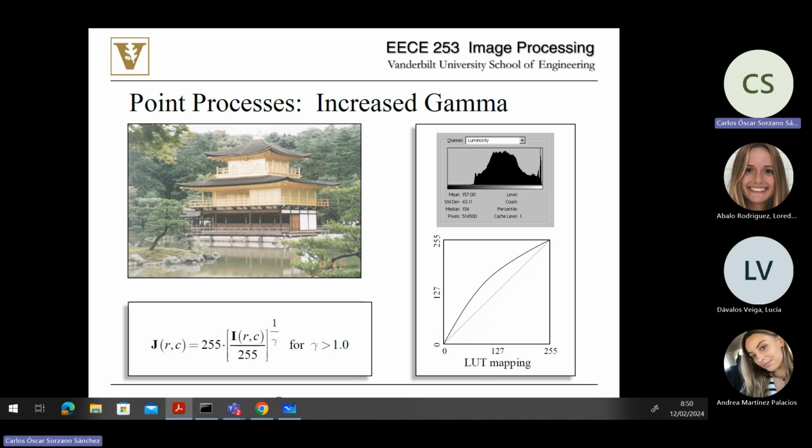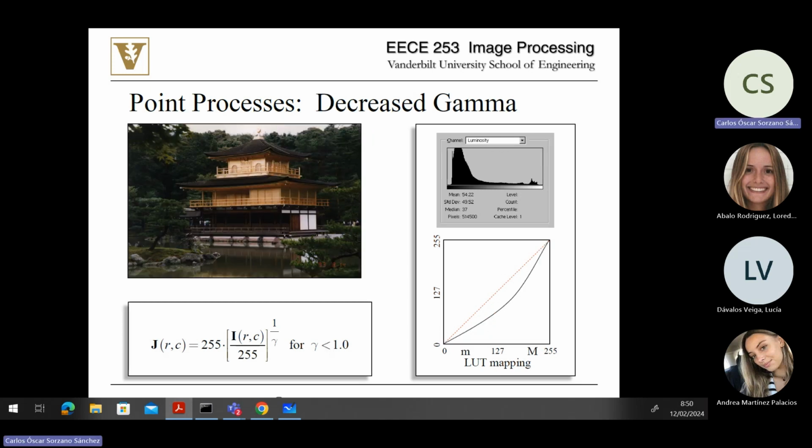Okay, so now gamma is smaller than 1. If gamma is smaller than 1, now the curve bends in the other direction. And again, we have the same behavior. So for the low values, we are decreasing the contrast. For the high values, we are increasing the contrast. And actually, this is very much seen here, in the upper part of the temple.